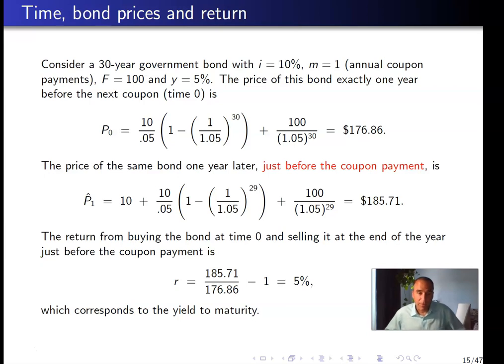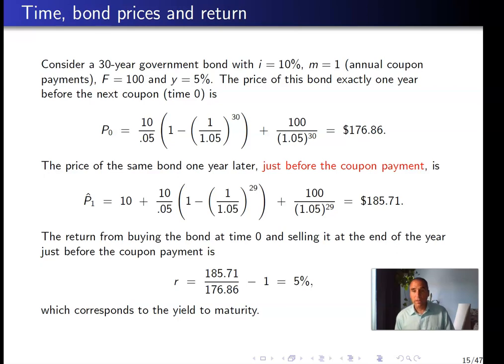Okay, finally for this first video, what is the return to a bondholder who gets rid of the bond before its maturity? Someone buys a 30-year bond with a coupon rate of 10%, one annual coupon payment, a face value of 100, and a yield to maturity of 5%. So at the start of the year, the price of the bond is $176.86.